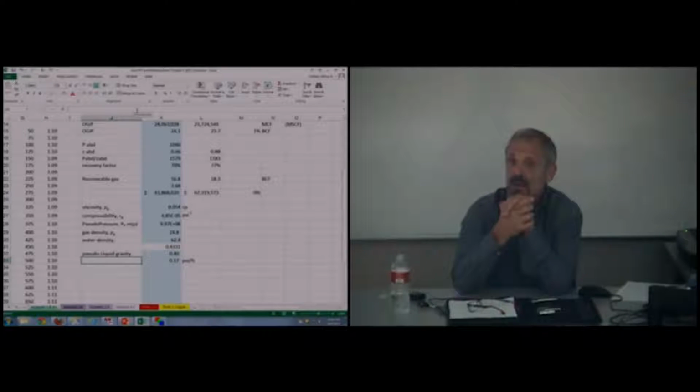So gasoline that you buy at the gas station has a liquid gravity of less than 1. It floats. I couldn't think right off what fluid sinks.